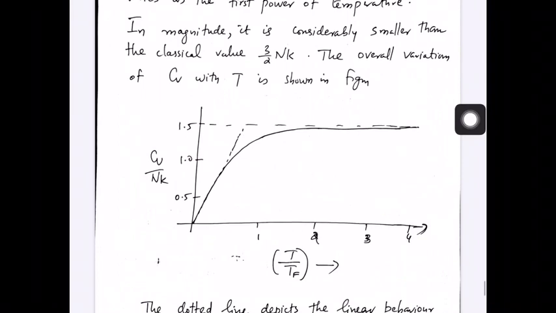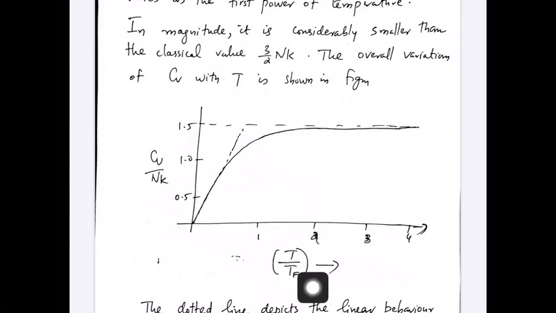Anyway, the overall variation of CV with temperature is shown in the figure. We are taking T by Tf on the x-axis and CV by Nk on the y-axis.